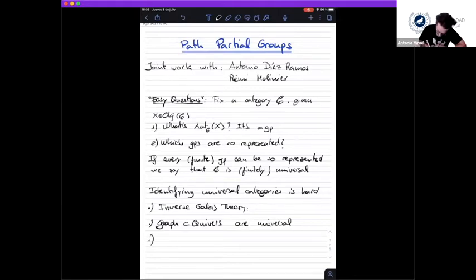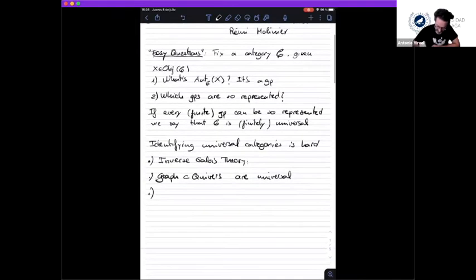If we think of what seems to be the most popular category this week in this lecture room, groups, then groups are not finitely universal. So it's indeed not universal.